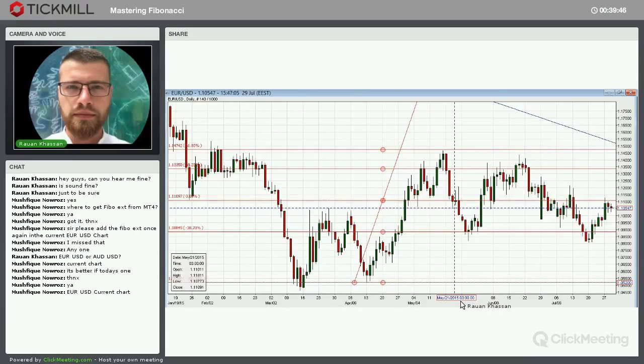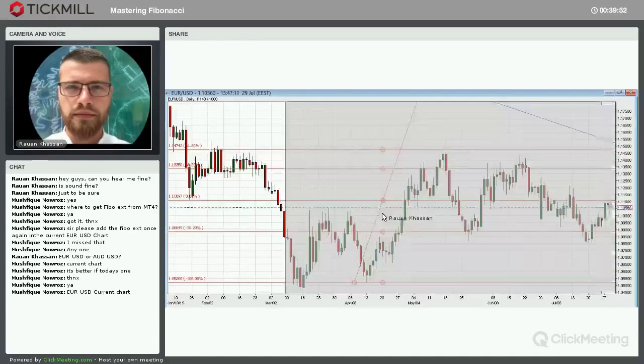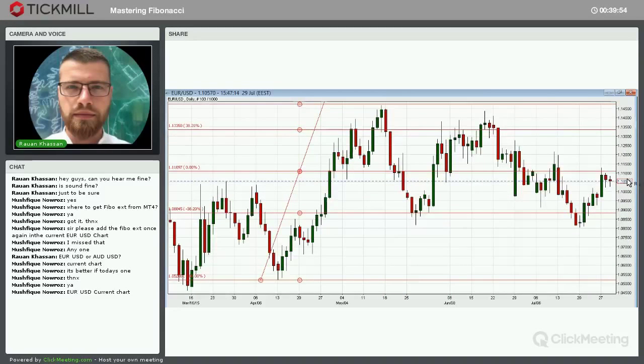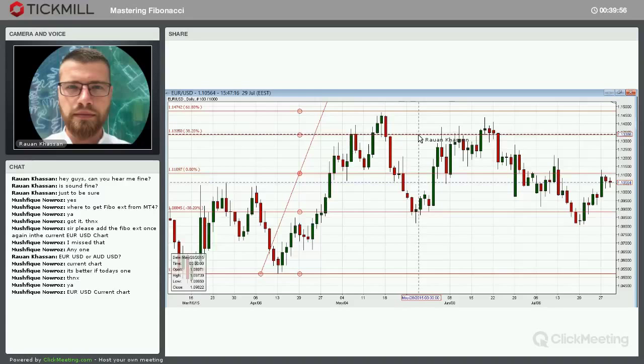And once again, 138.2% and 161.8% work very fine as key levels during our trading.